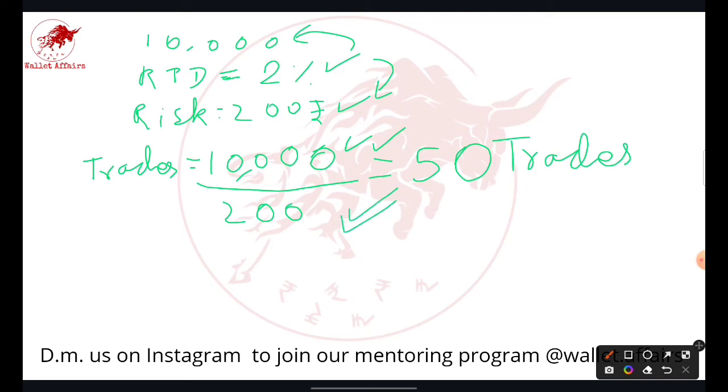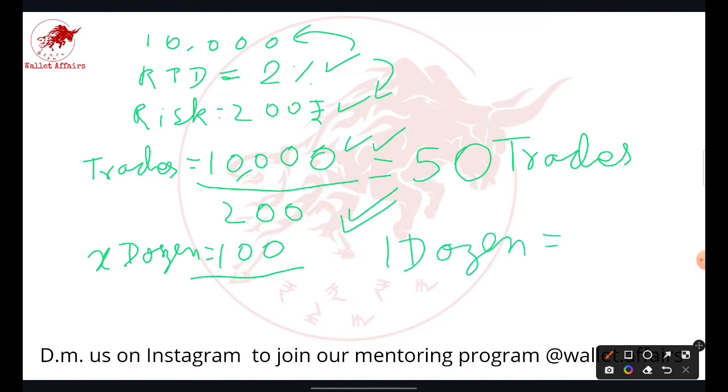So just understand one thing, take a silly example. You have 100 rupees, and I gave you this to buy x dozen of bananas, and the cost of one dozen is 10 rupees, let's say.